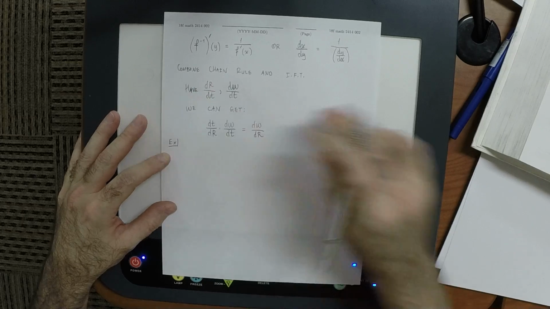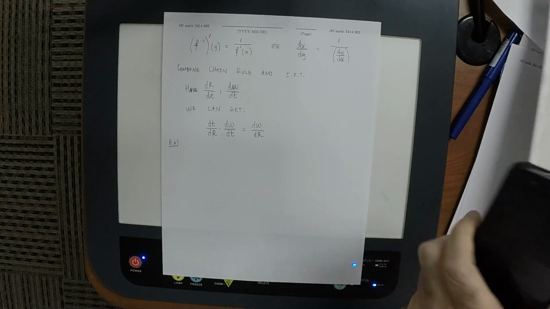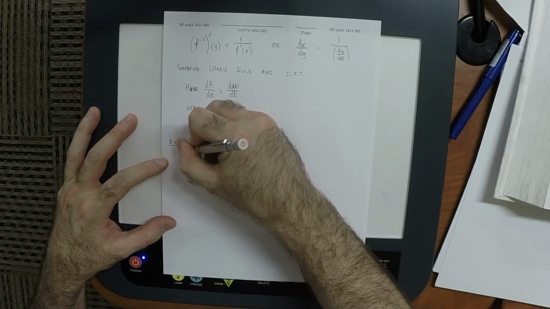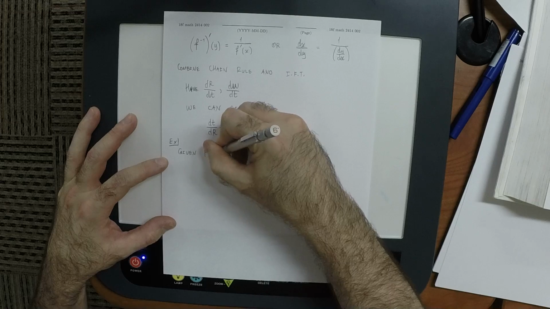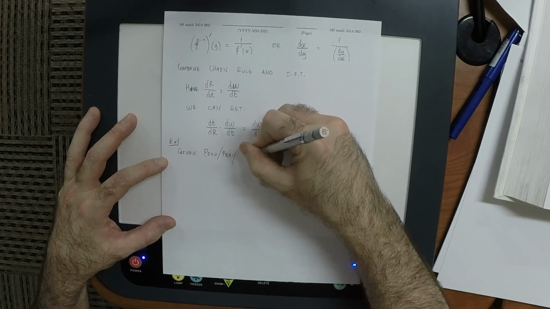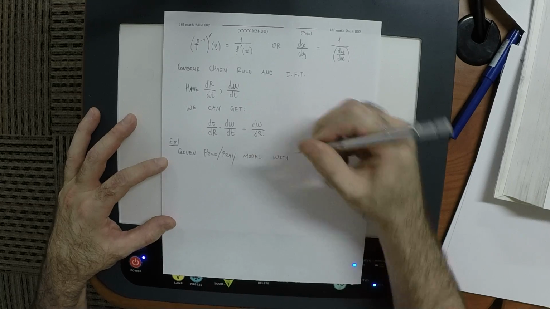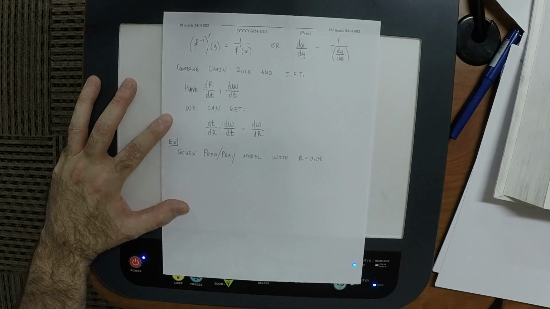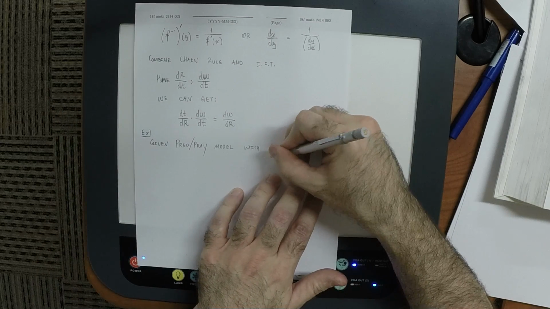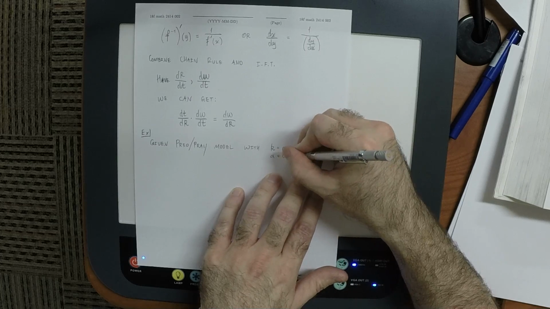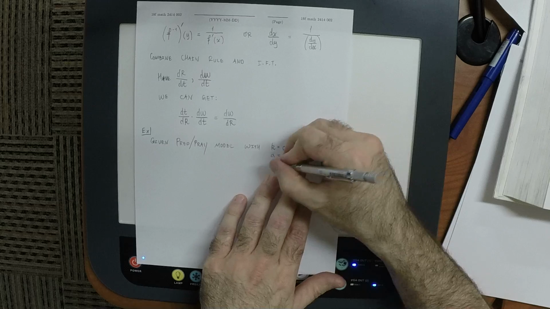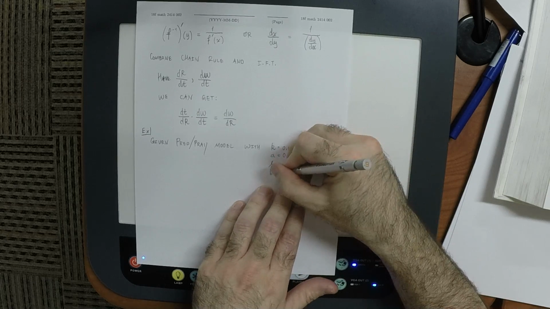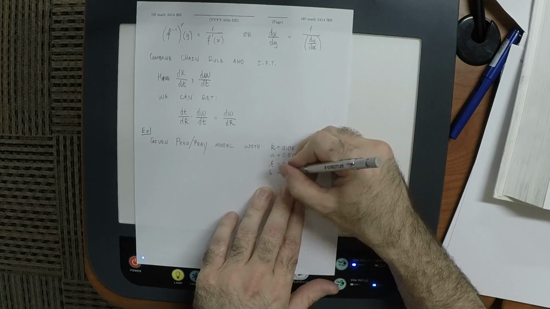So suppose that we are given the predator-prey model with these constants: k is 0.08, a is 0.001, r is 0.02, and b is 0.4 zeros and a 2.